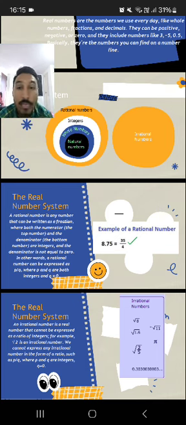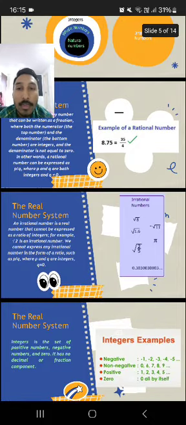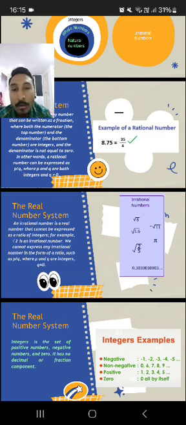These are some examples of rational numbers under the real number system. Now let's go to irrational numbers. We studied rational, but now we just add ir, so it becomes irrational. So what is an irrational number?